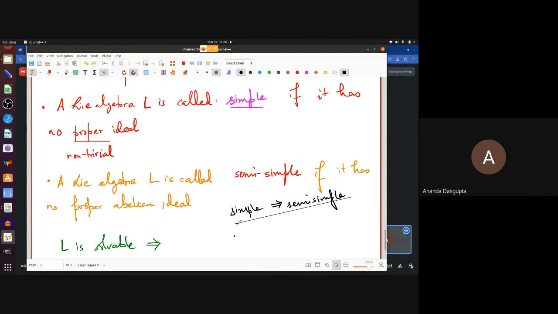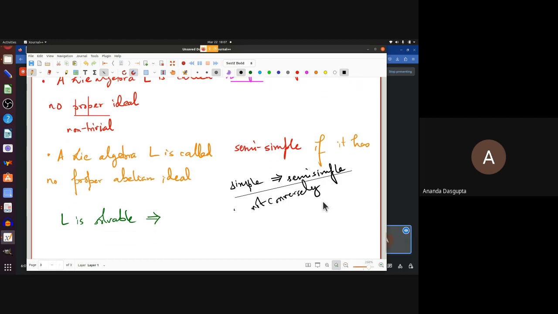So all simple algebras are obviously semi-simple. But of course, not necessarily the other way around. Not conversely. That's obvious because if a particular Lie algebra has a non-trivial ideal, but that non-trivial ideal is non-abelian, then it will be semi-simple, but it will not be simple.